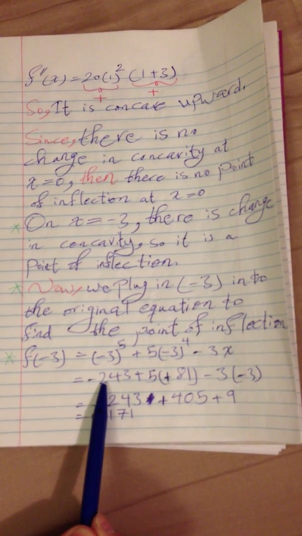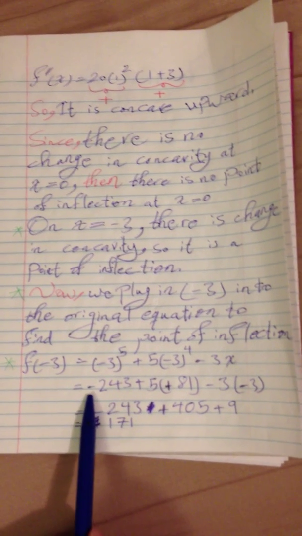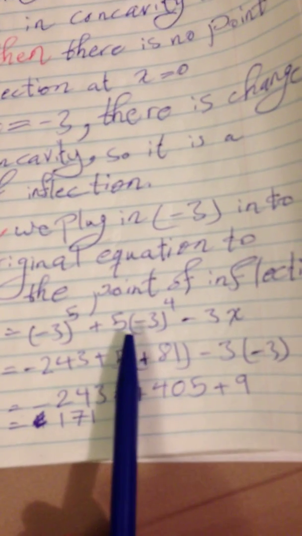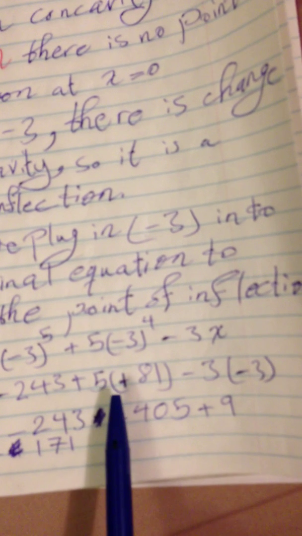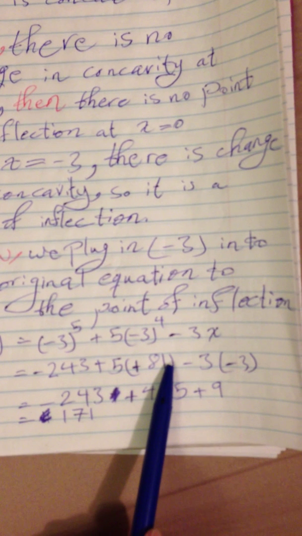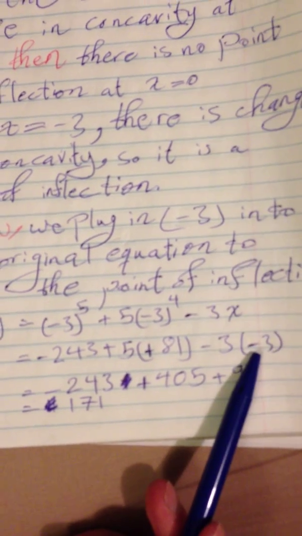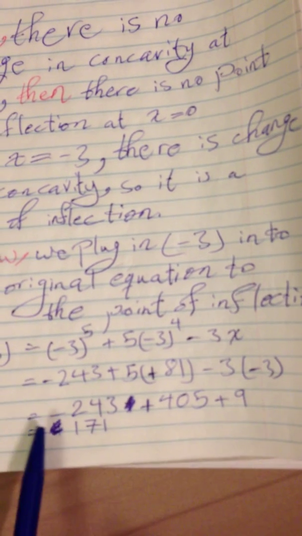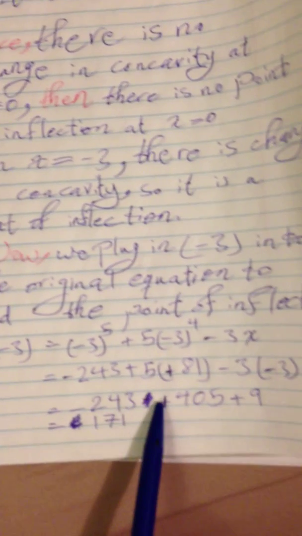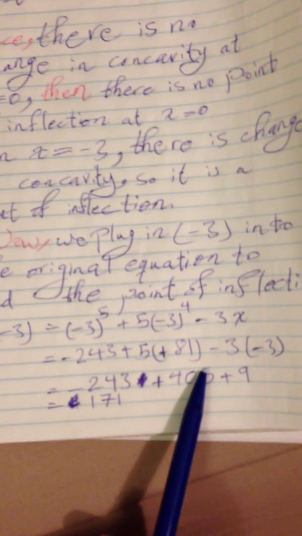Okay, now we use our calculator to find the values. We have negative 243 plus negative 3 to the 4th, which equals 81, multiplied by 5, which is 405, minus 3 multiplied by negative 3, which is plus 9. So we're left with negative 243 plus 405 plus 9.